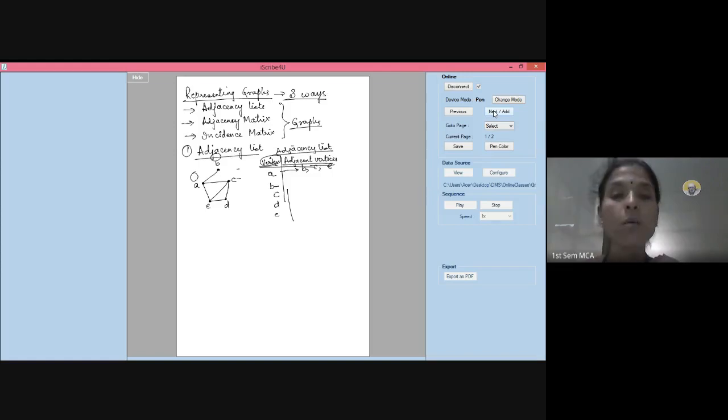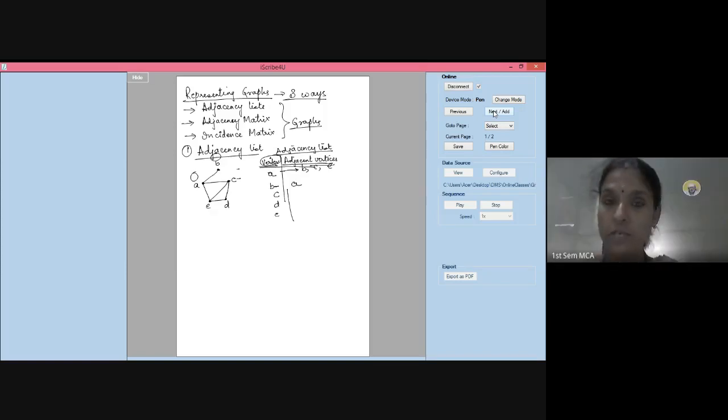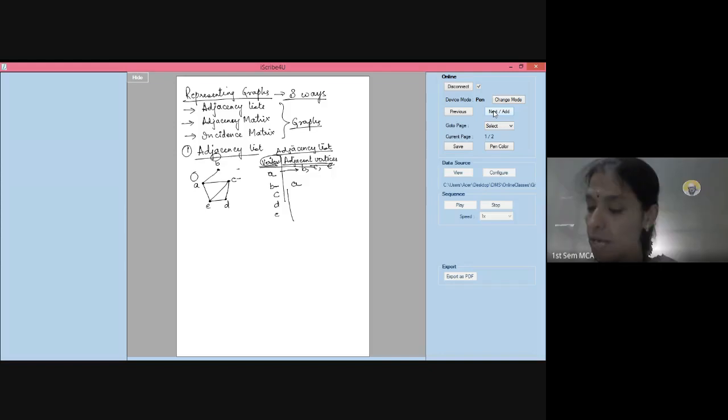Okay. Now, what are the adjacent vertices for B? A. That's all. There's only one. For C, A, E, D. A is there, E is there, D is there. These are the vertices.